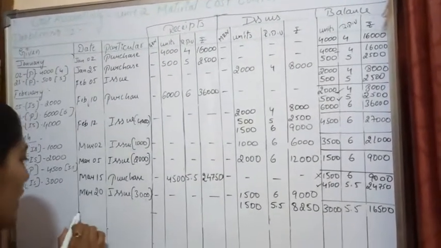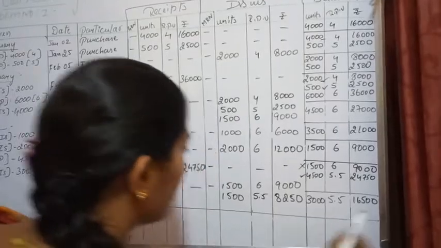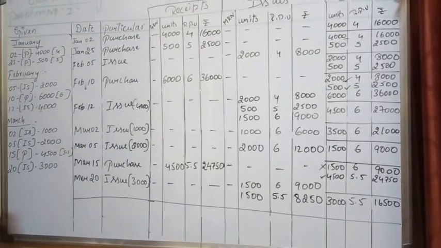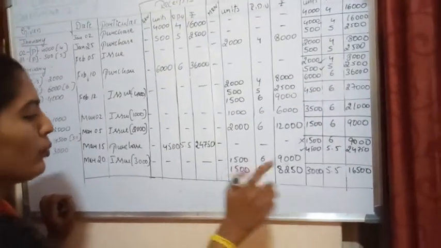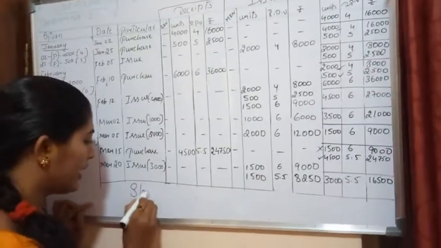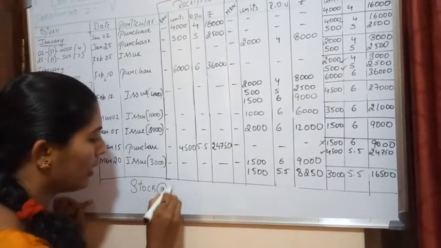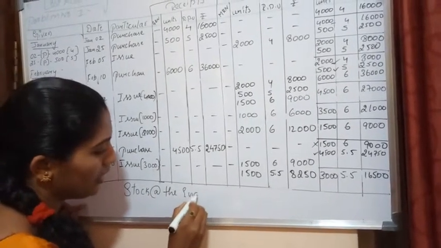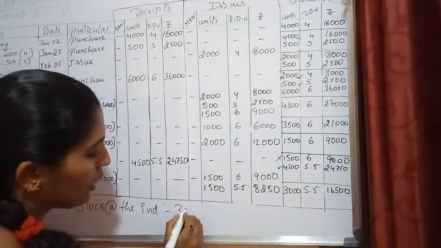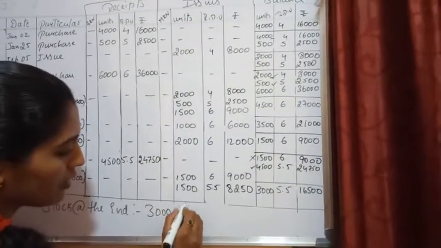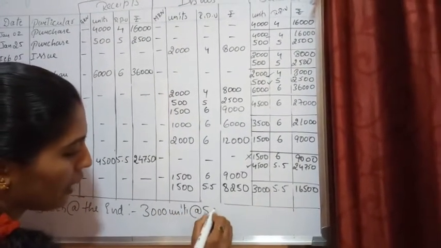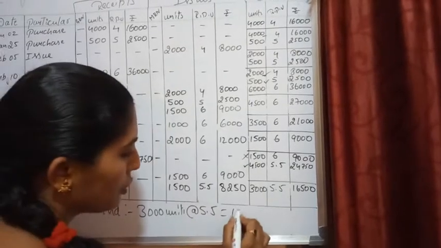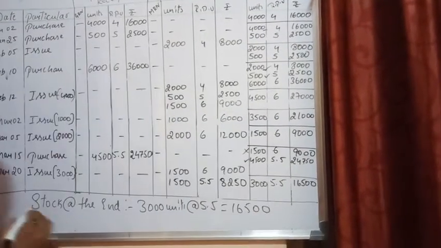So after completing this problem, what am I supposed to do? After completing the problem, you are supposed to record the stock at the end: 3,000 units at rupees 5.5 is equal to 16,500.